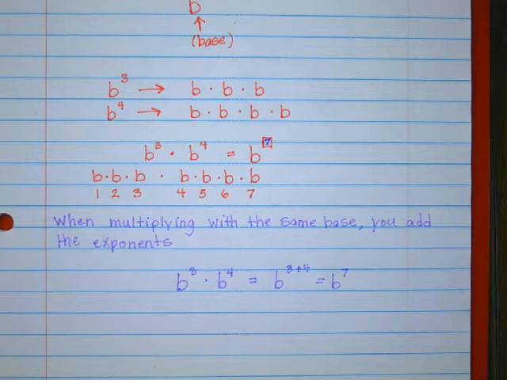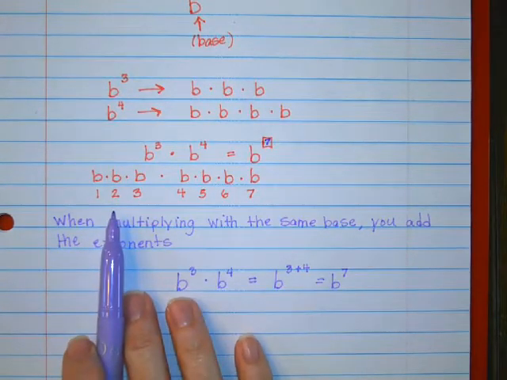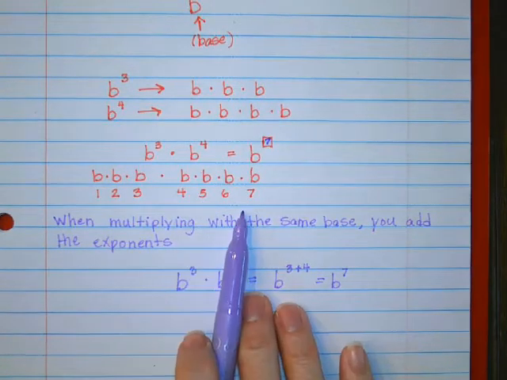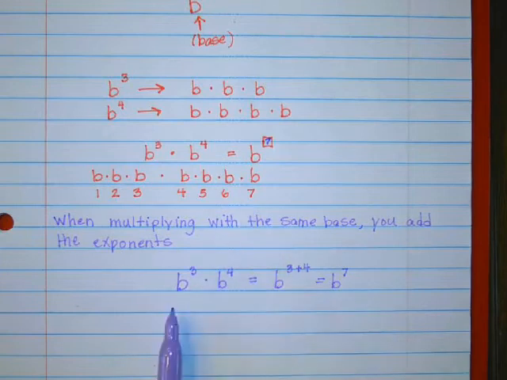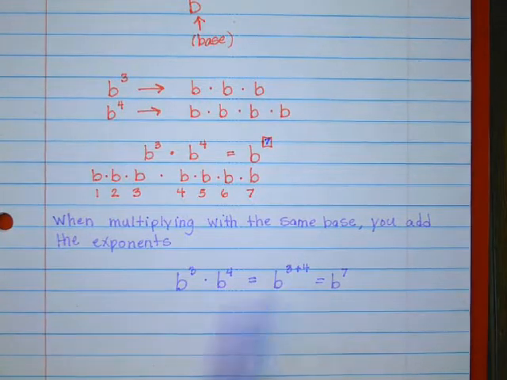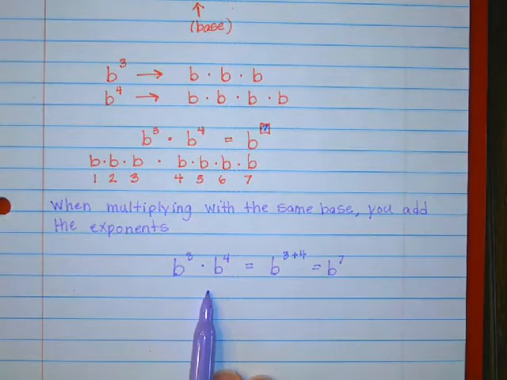So the final answer would be b to the 7th, because now we have 3 b's plus 4 more b's, making a total of 7 b's. So when we multiply, as long as they have the same base, we add their exponents. It doesn't work if they don't have the same base. So you have to have the same base.